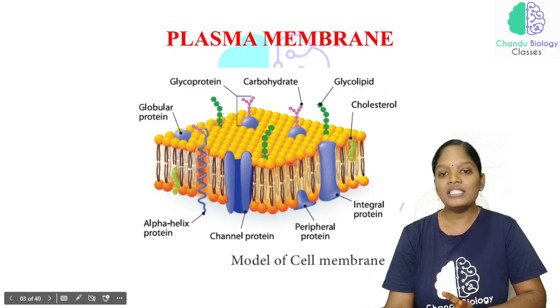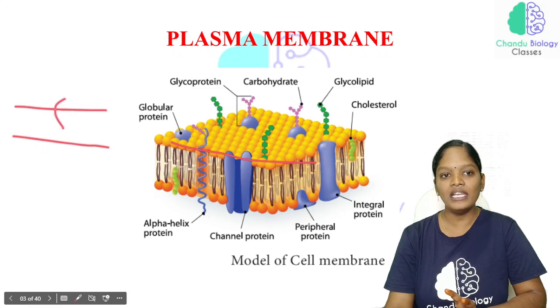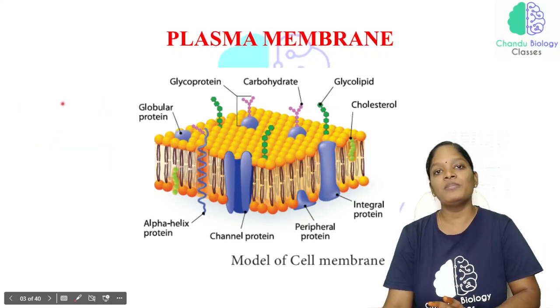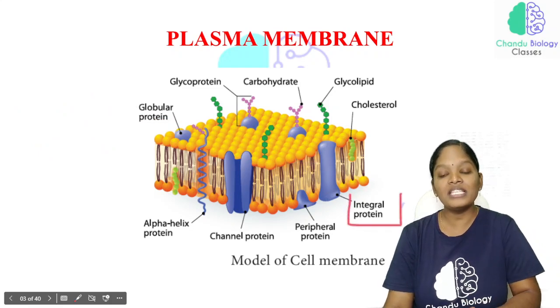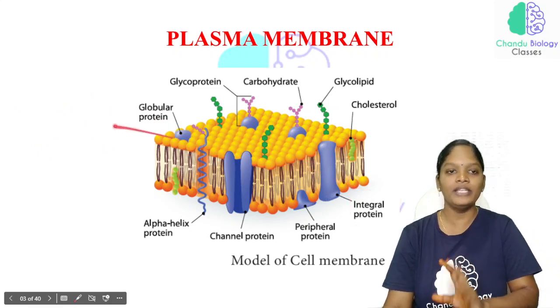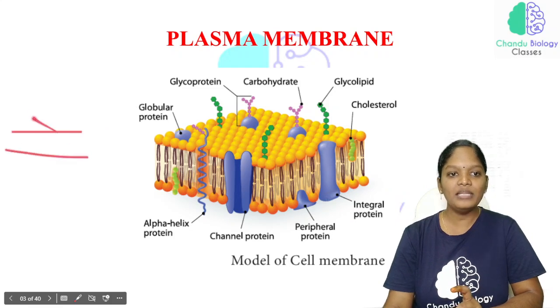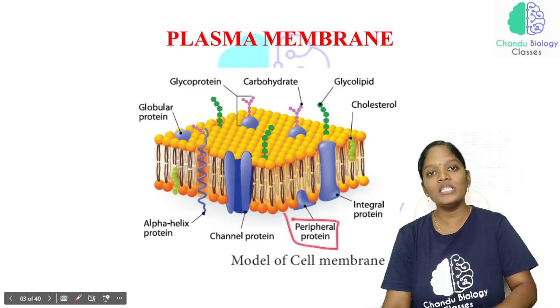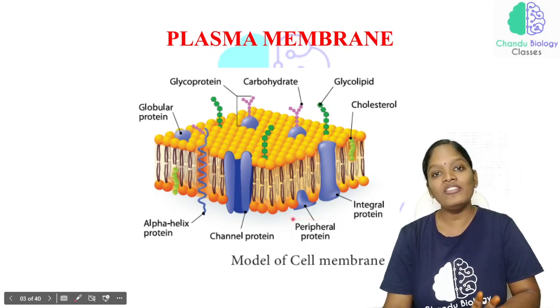See here, this is one lipid layer and this is another layer. Between these layers, the protein is integrated in the plasma membrane, so we call it an integral protein. This is a lipid bilayer, and we have a protein in the periphery region, so we call this protein a peripheral protein.